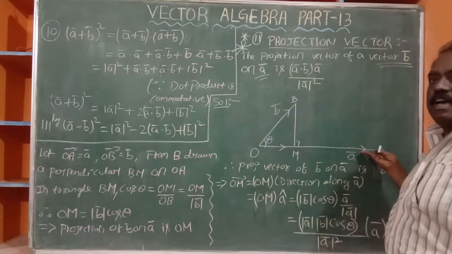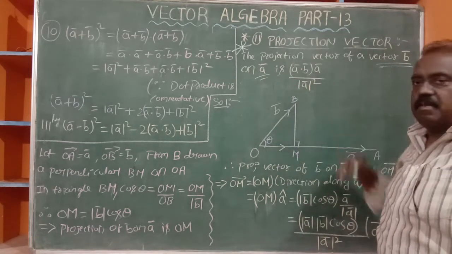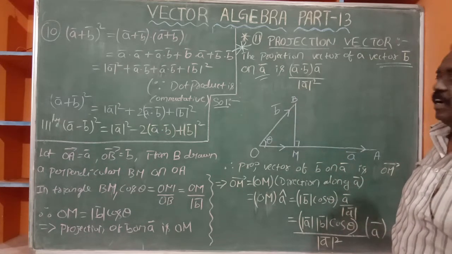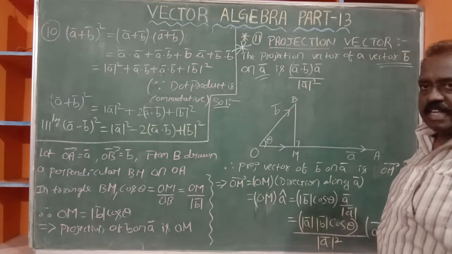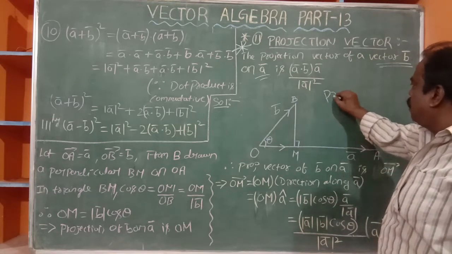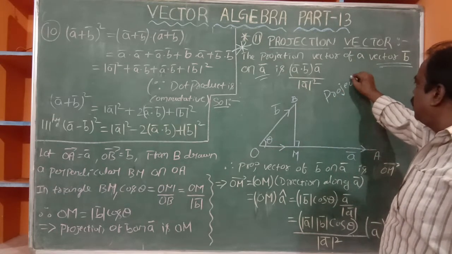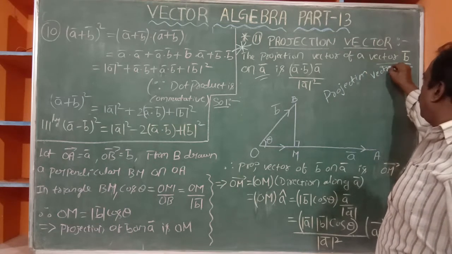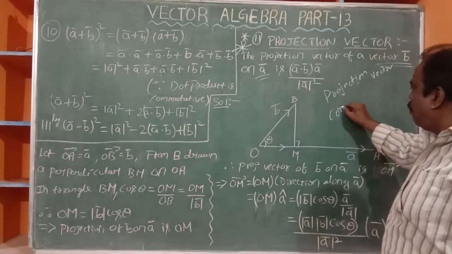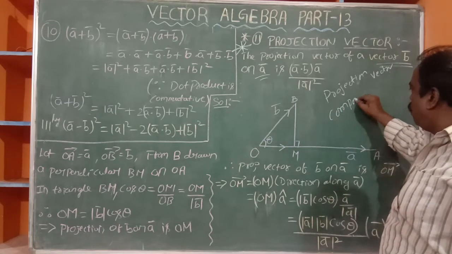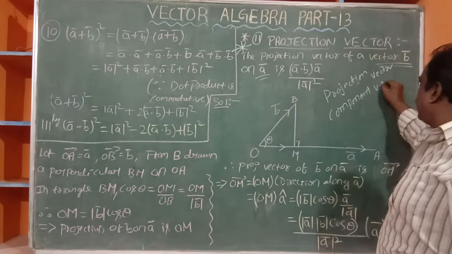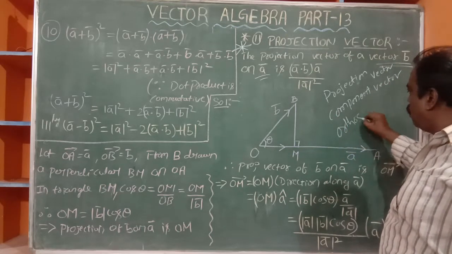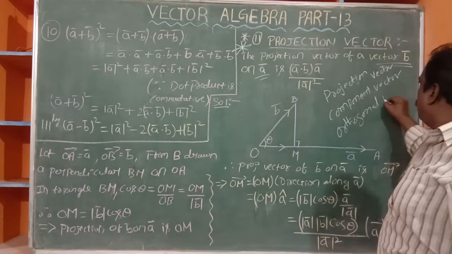A bar is a vector, b bar is another vector. What is its projection vector? Projection vector, or component vector, or orthogonal vector.